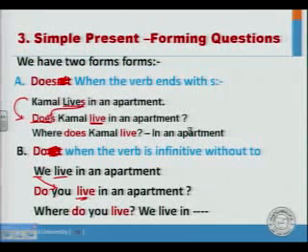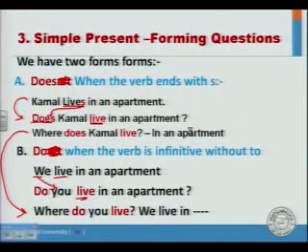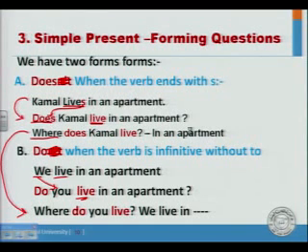For an information question like this one, Kamal lives in an apartment. Where? I will explain information questions and the wh-words in detail later. Here we ask about a place. Where does Kamal live?